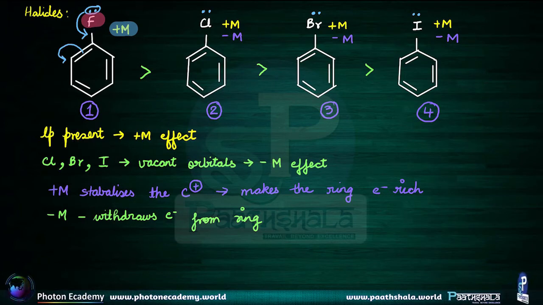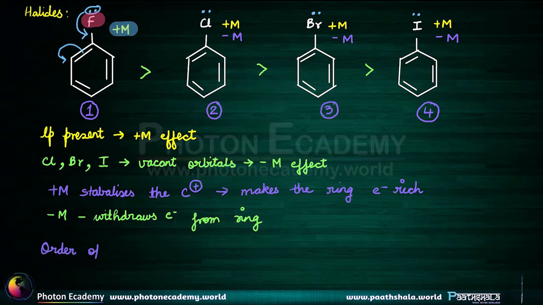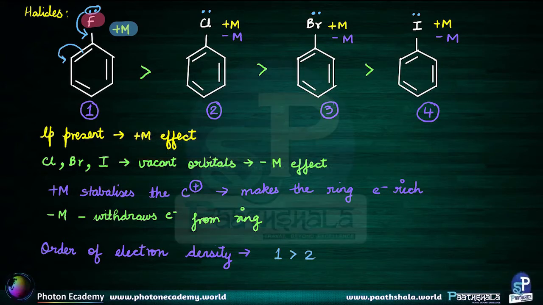So the order of electron density, which one is the most electron rich, is 1 greater than 2, greater than 3, greater than 4. So this is the order of electron density.